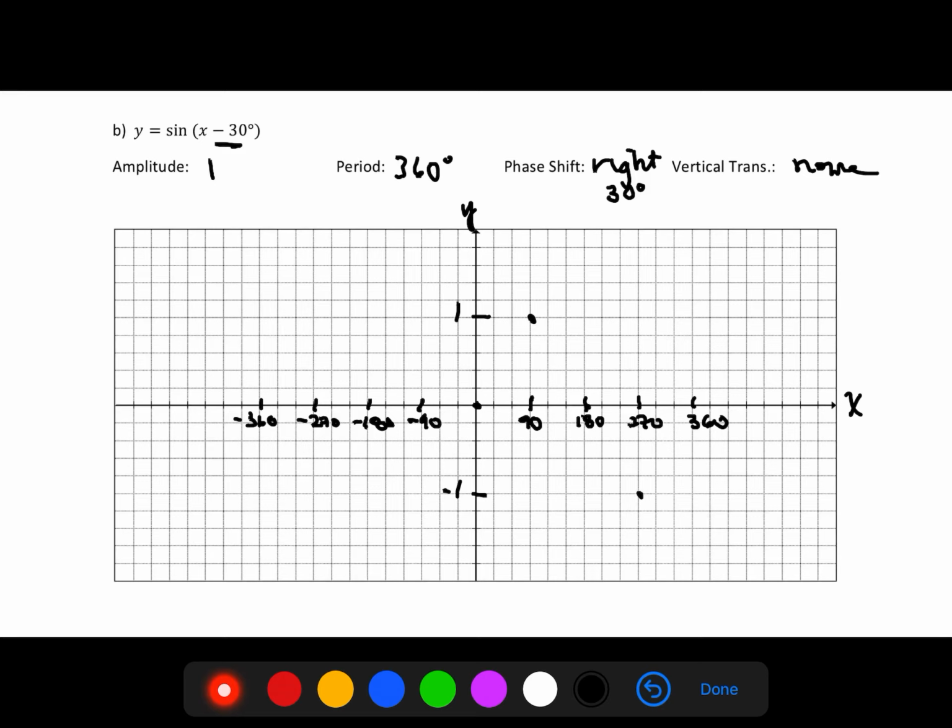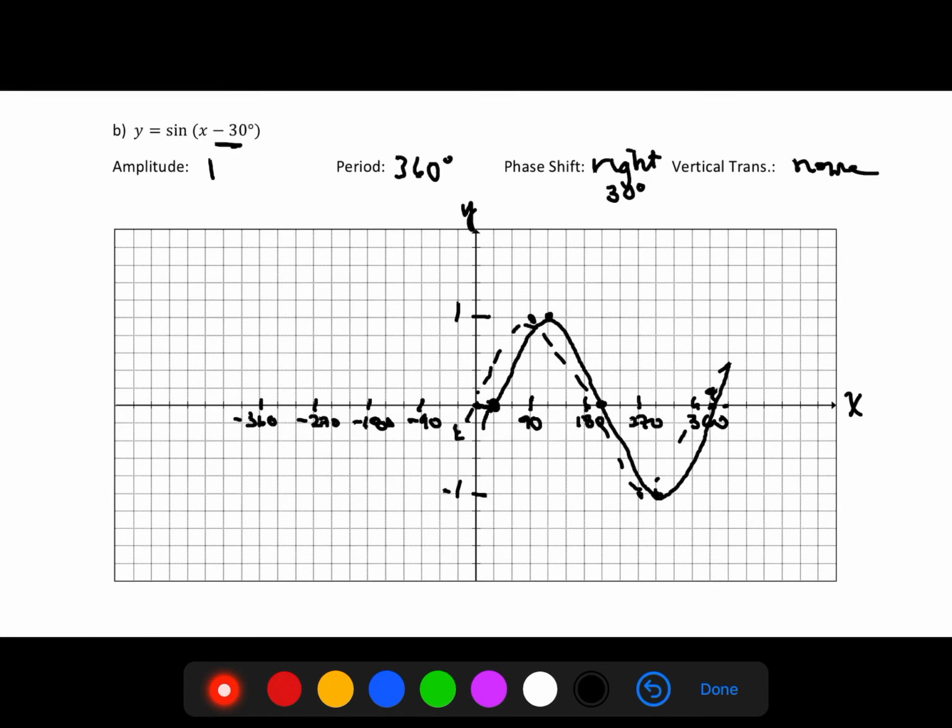Okay, so again, our base graph using our key points would look like this. Now all we're doing is shifting to the right 30 degrees. So we're going to move all of those key points over 30 degrees.